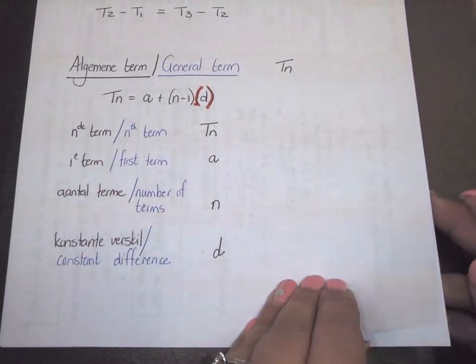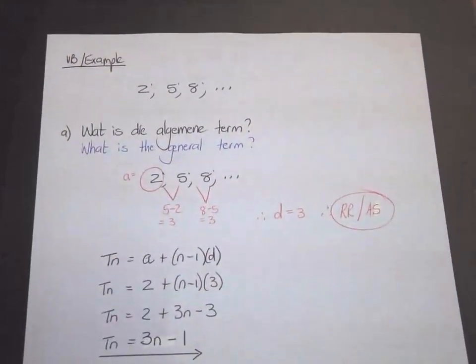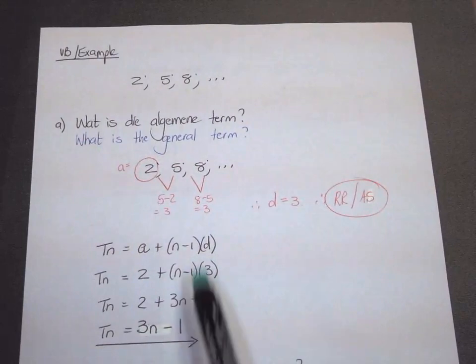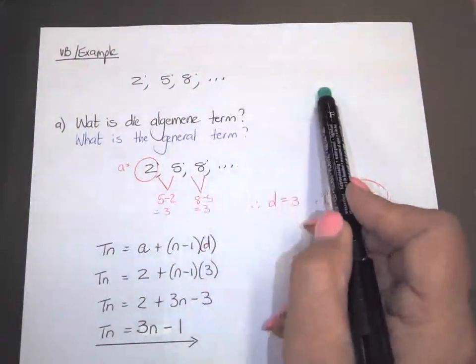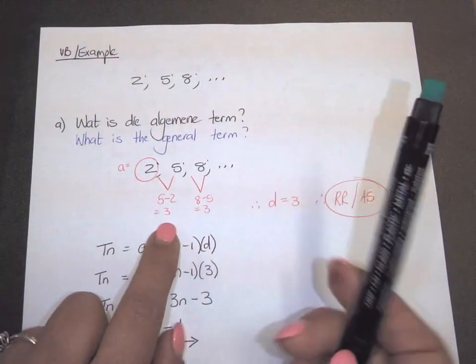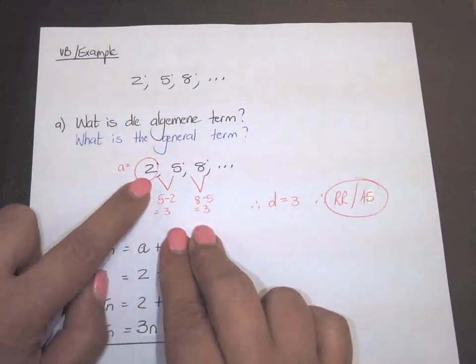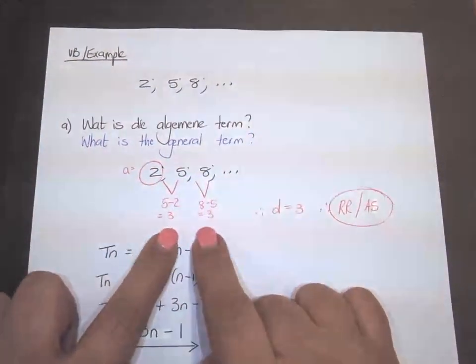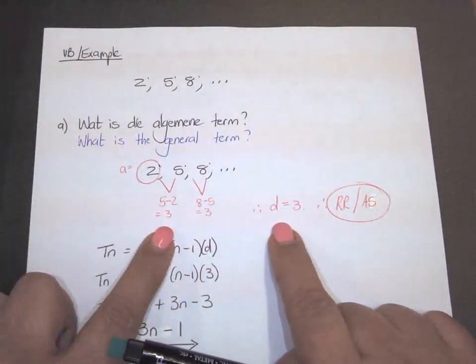Let's look at an example. 2, 5, 8, and it carries on into infinity. What is the general term? So we first have to identify A, it's 2, and see if we have a constant difference. Yes, so D is 3.